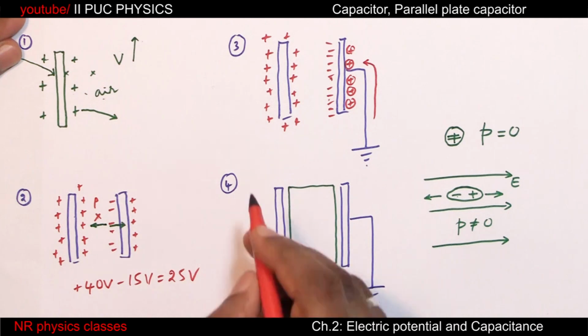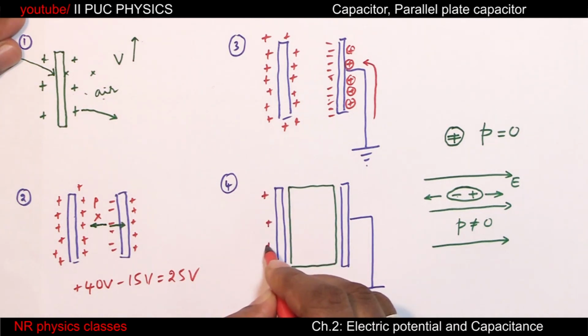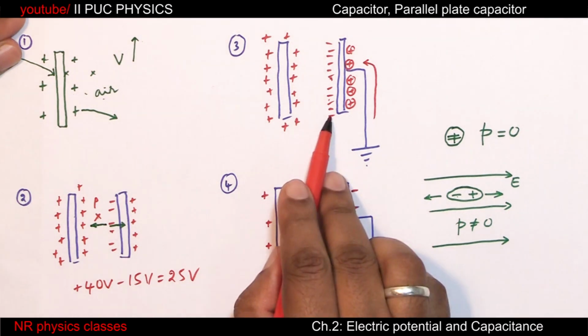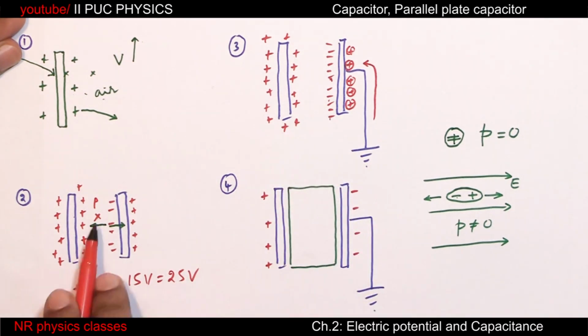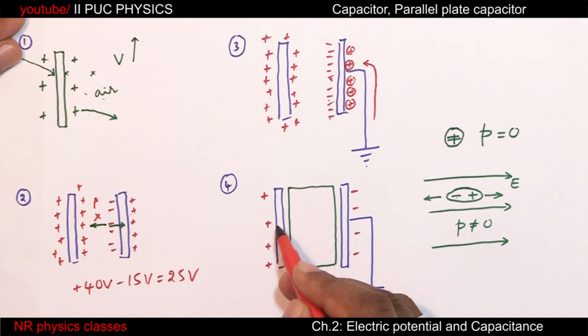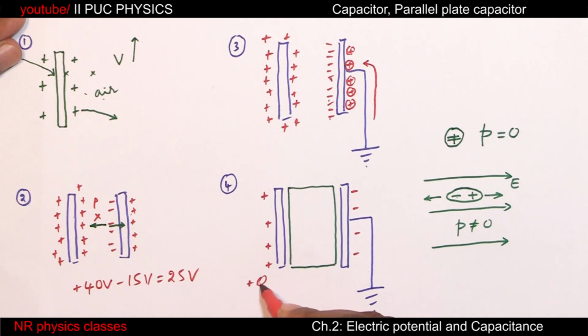Come to this. Because of positive charge, negative charge is induced on the other plate, only negative charge. Here both negative and positive because it is not connected to ground. Because of positive charge, negative charge is induced.